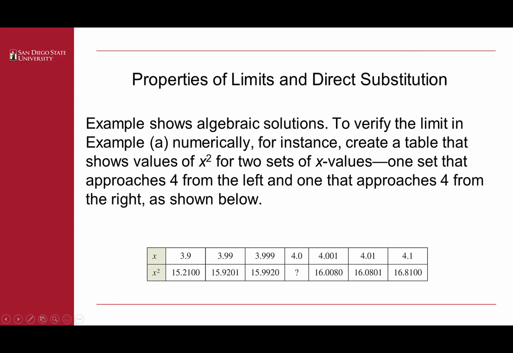In the examples, we provided algebraic solutions. But to verify the limit in example A, for instance, numerically, we could create a table that shows the values of that function, which is x squared, for two sets of x values, one set that approaches 4 from the left and one that approaches 4 from the right, as shown below.